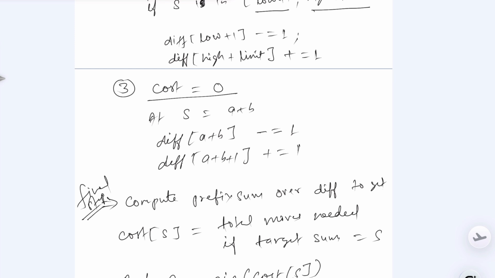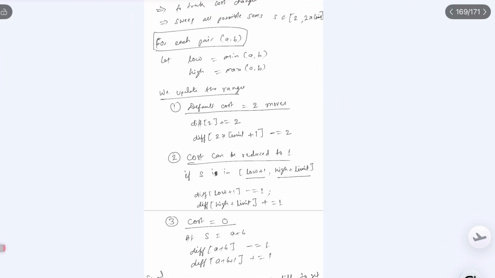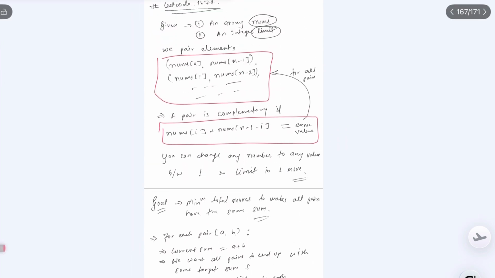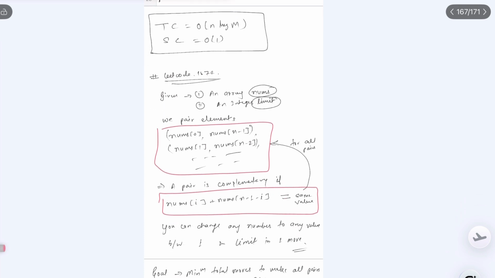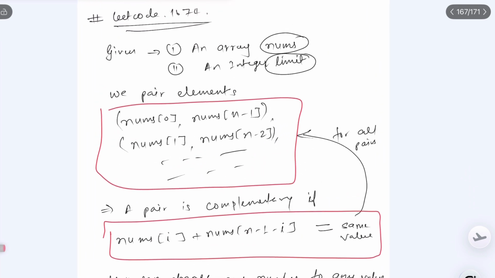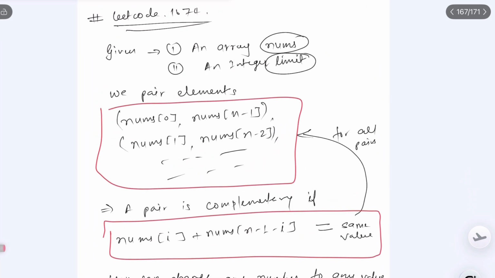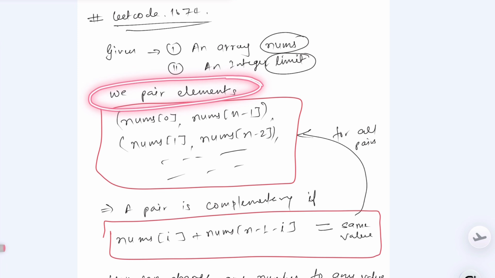I hope you understand. Let's recap. We started with what is given: nums and limit. We have pairs of elements, nums at 0 and nums at n minus 1 minus i, and so on.